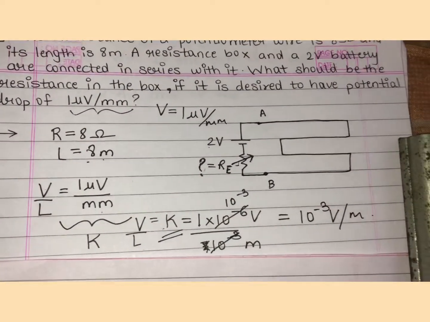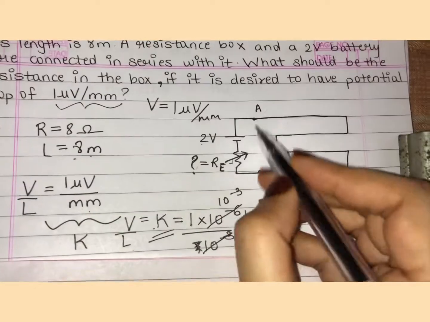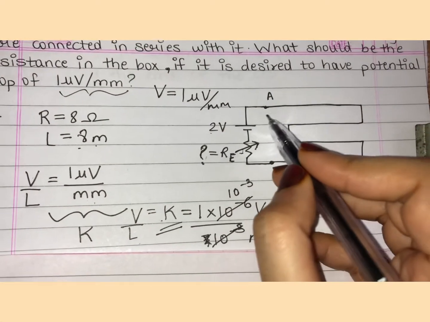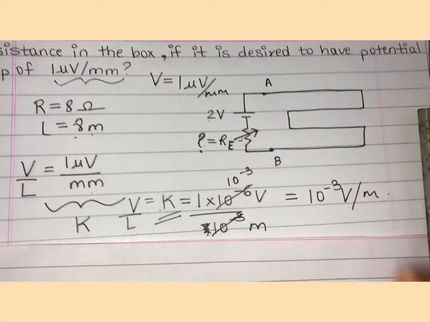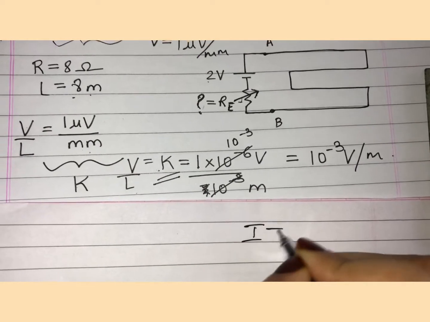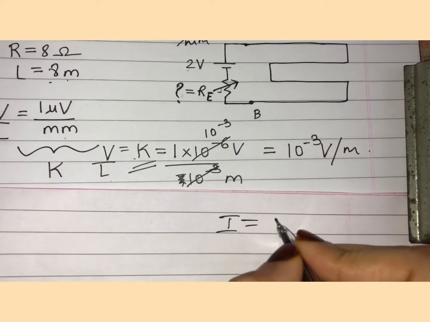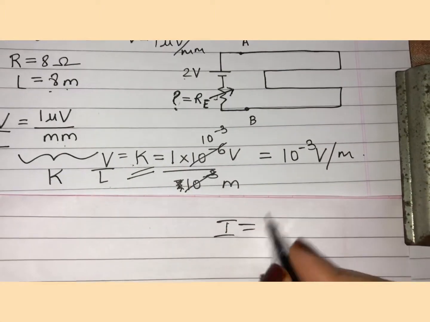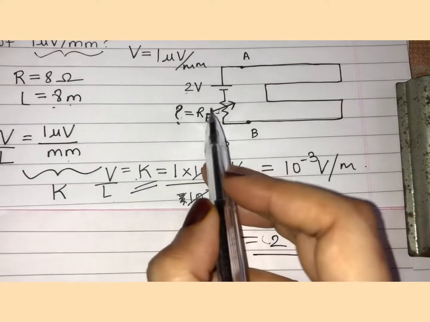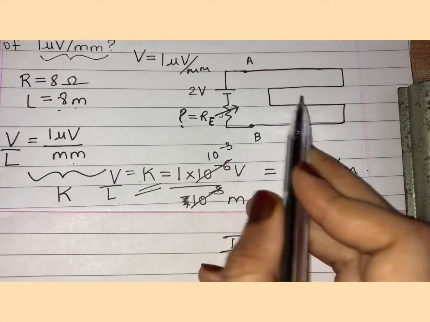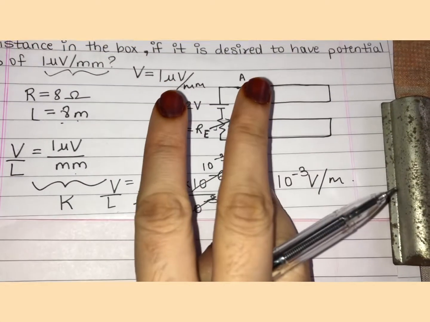Okay, now let's find out. Before that, first I'll find out the value of the current. The current in the circuit will be the voltage applied, that is 2 volt, upon the resistances in the circuit. We have two resistances in the circuit.